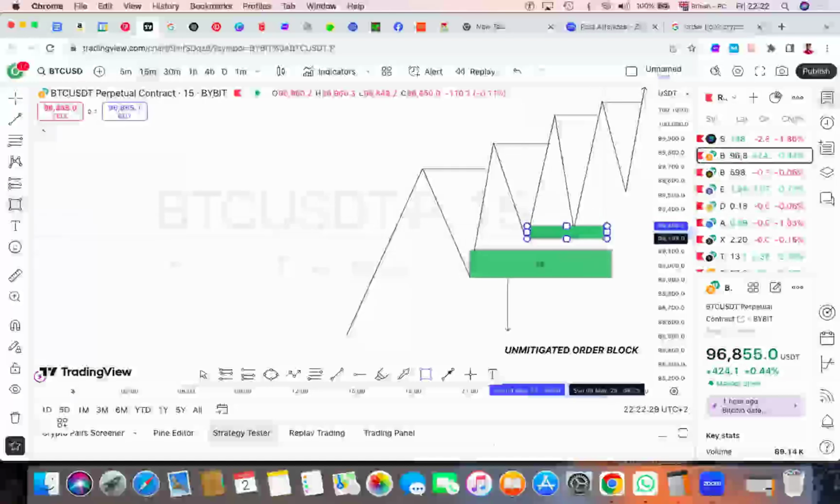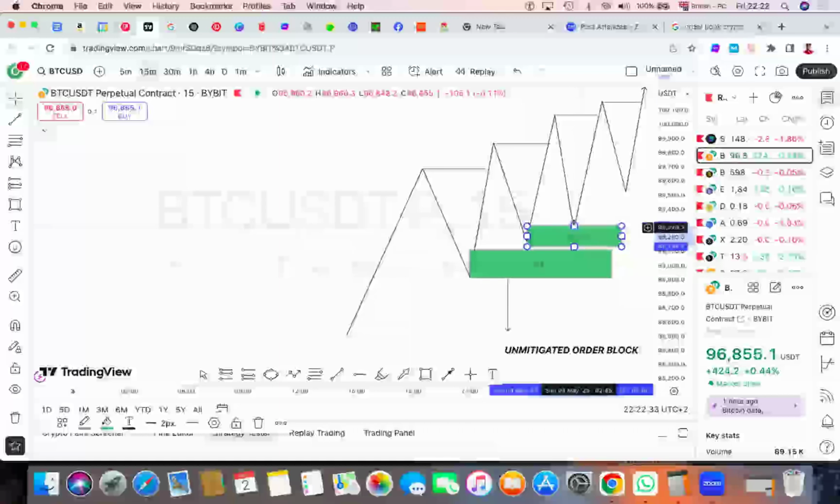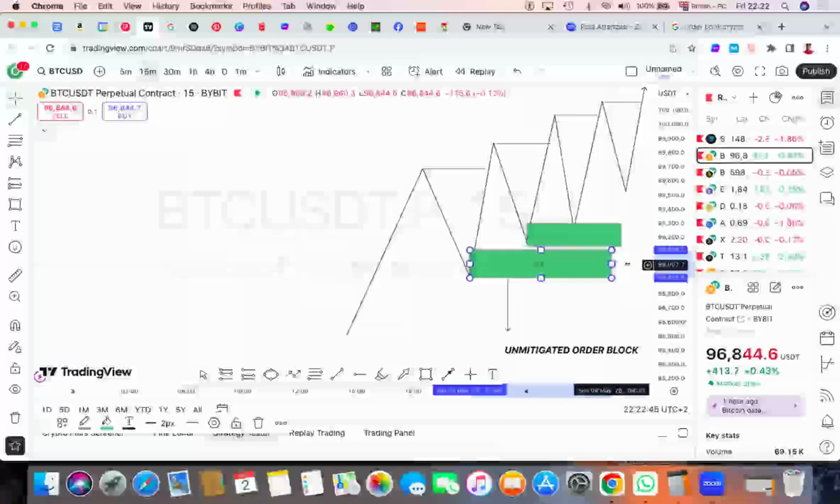For it to create a new break of structure, it bought into it. So you see our pullback phase now buying into this order block. The institutions placed this order and it buys into it. But don't forget that we can always have multiple order blocks and they are all unmitigated. Just know that price will always come back to fill these areas.